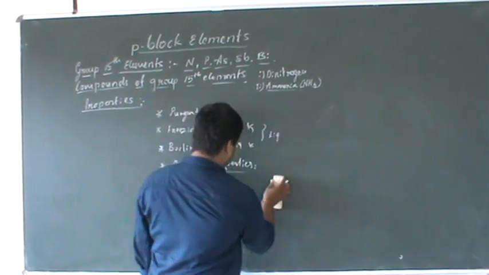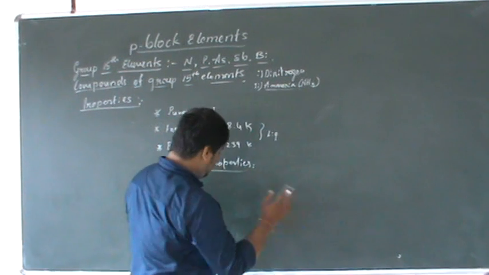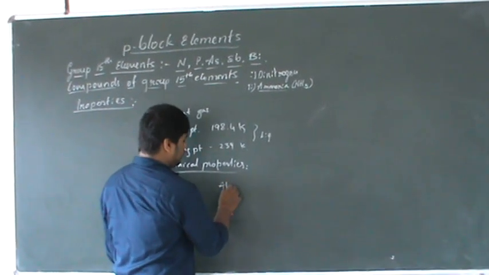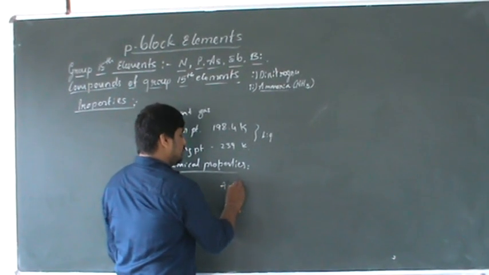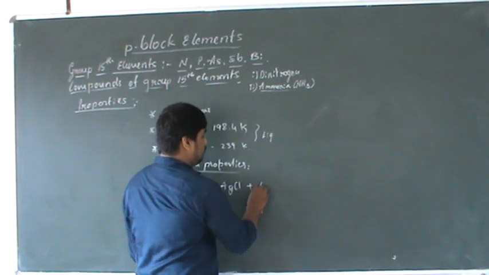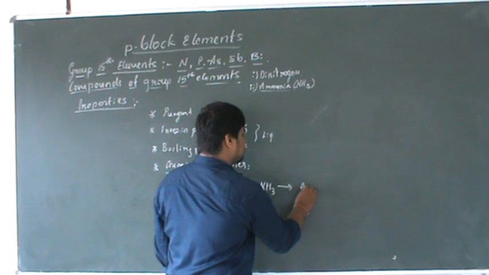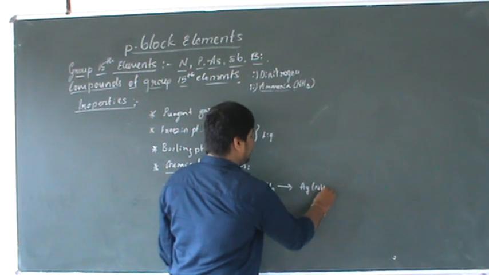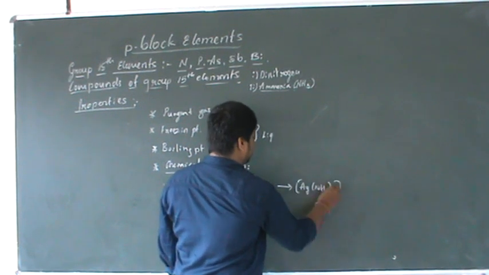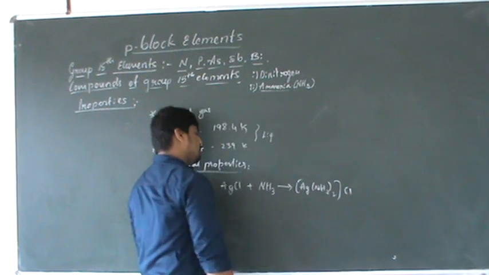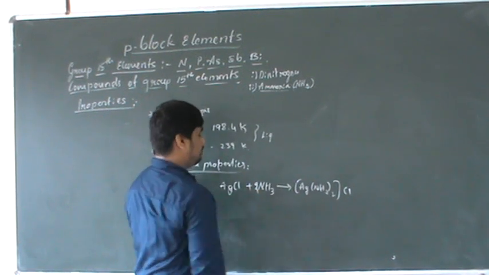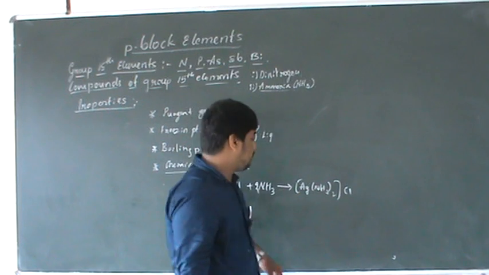Next, other properties. In a similar way, AgCl reacts with ammonia and forms Ag(NH3)2 Cl minus. Okay, so balancing of 2 molecules is not required.